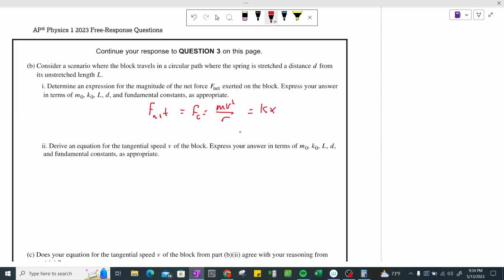So now let's see, what do I want to do with this? Okay, so it's a circular path with spring distance d. And our x here is actually a d.